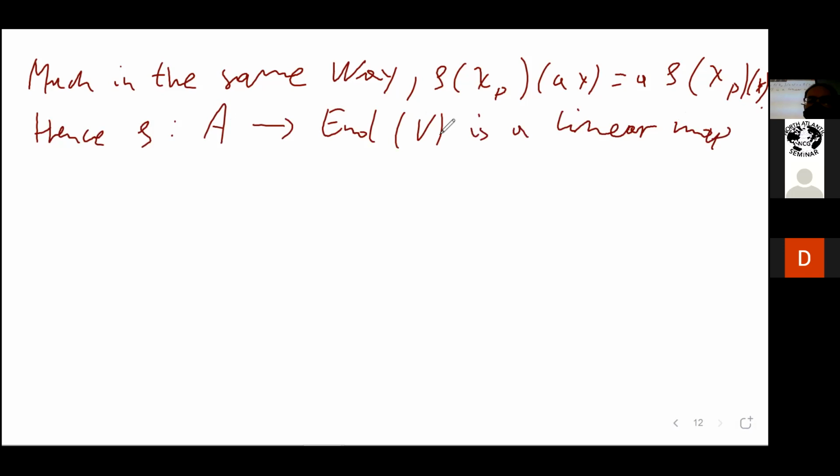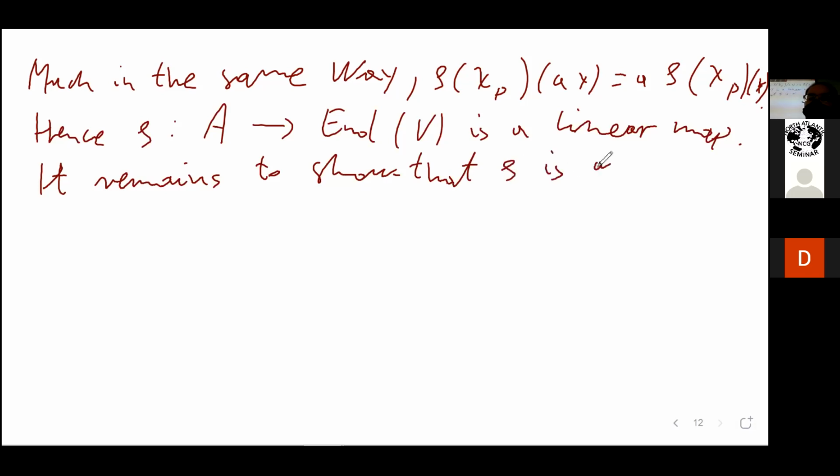So what we were just checking is that it really lands in the endomorphisms of V, and it is well defined as a linear map because I'm just assigning values of rho on the basis of A. So it remains to show that rho is an algebra homomorphism, which we just do by an elementary direct calculation.